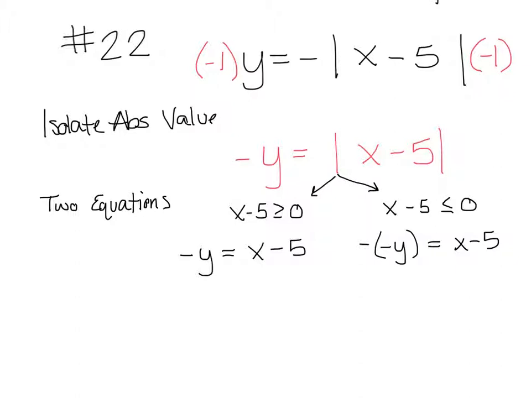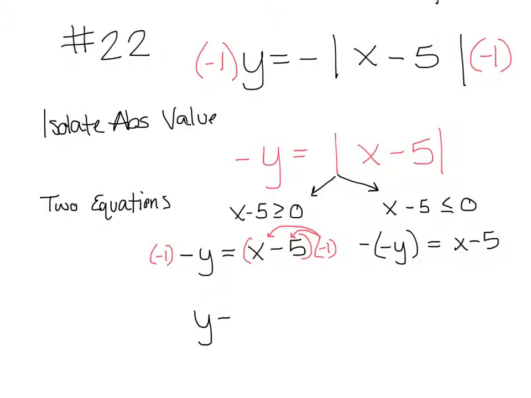So what should I do next? Add 5. We're trying to get y by itself now. So the 5 is in an okay spot. So on this one, what should we do with the negative? Yeah, so multiply by negative 1 again. Remember, you got to multiply the entire side by negative 1, so you got to distribute.